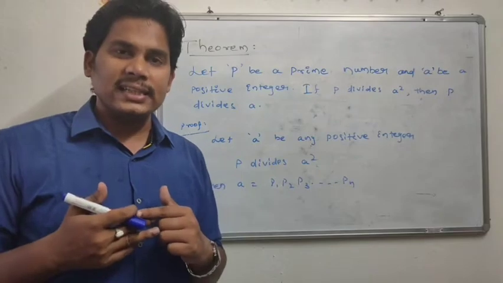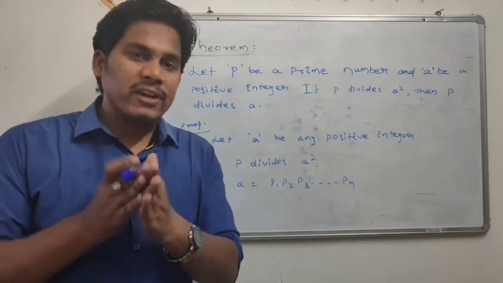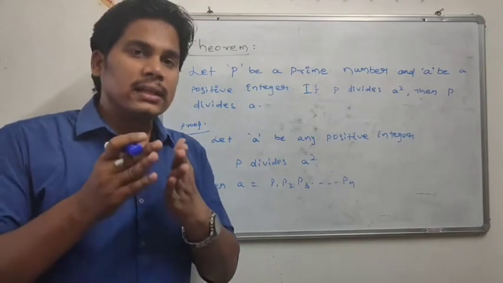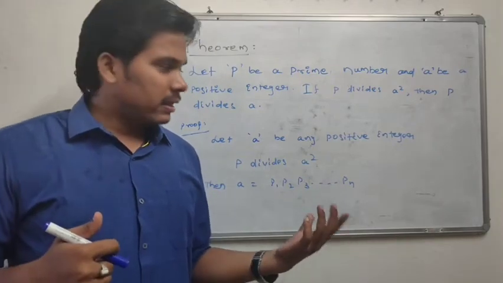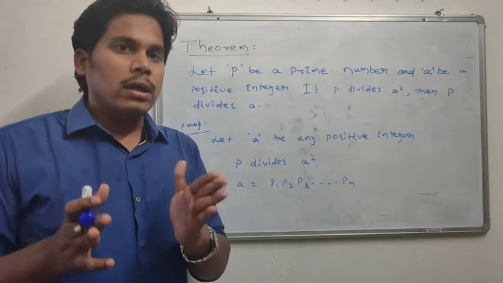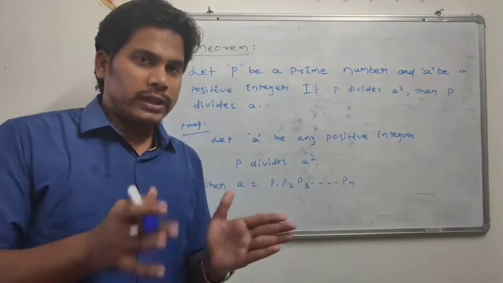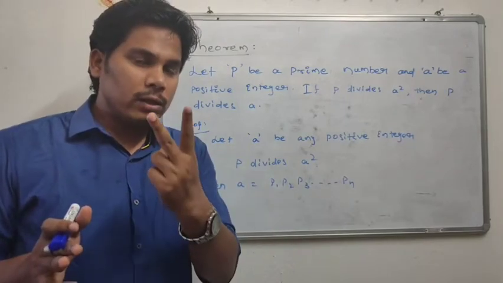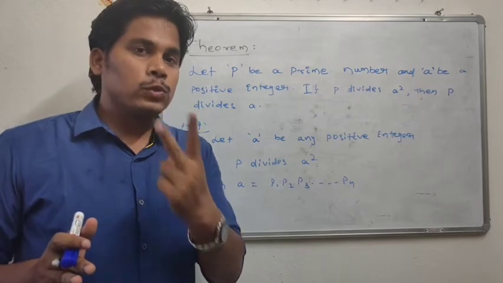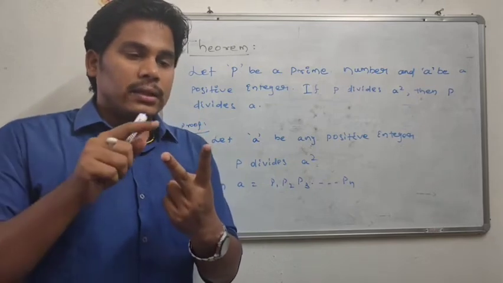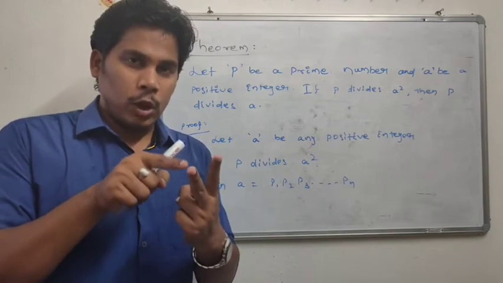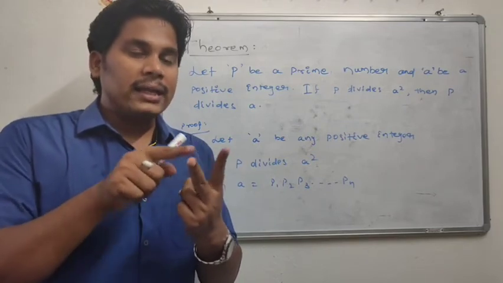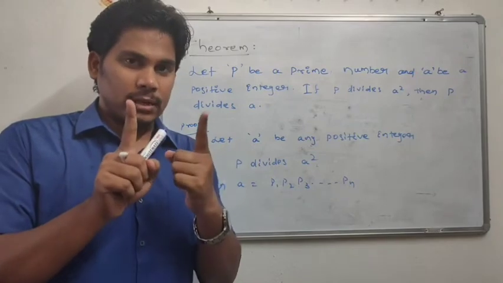What is not necessarily distinct? Distinct means different numbers. We cannot say these are different numbers. They may be the same number, they may be different numbers. If you take 12, then 2 into 2 is 4, into 3 is 12. Here the number 2 repeats 2 times, so those two 2s are non-distinct numbers, and 2 and 3 are distinct numbers.